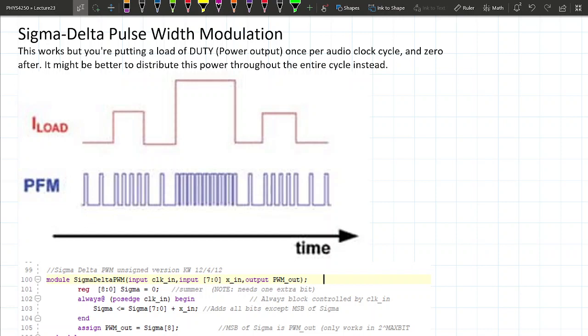Where the sine wave is bigger, you pulse very quickly, at every clock cycle, so the area still equals this. You're still sending out the same amount of power, but as opposed to sending it all at once and then nothing, you're spreading that out throughout the entire clock cycle. So you're pulsing up and down, and how frequently you pulse determines how much power you send out.